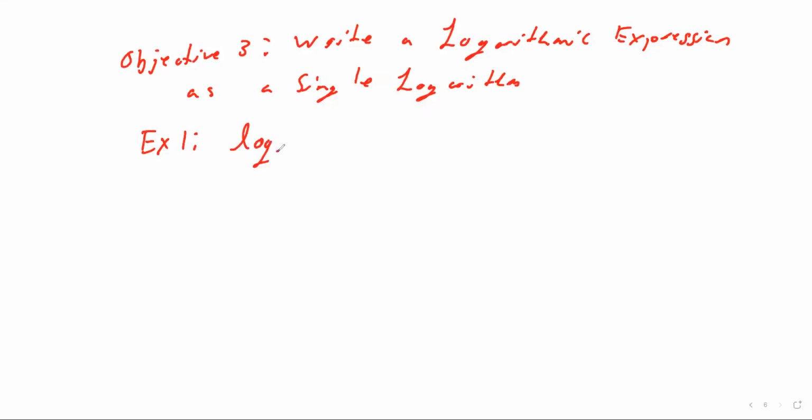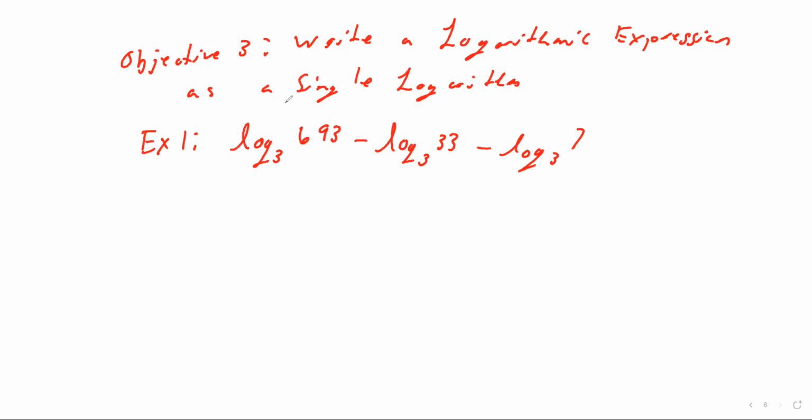We're going to take log base 3 of 693 minus log 3 of 33 minus log 3 of 7. Okay. So we want to condense this.